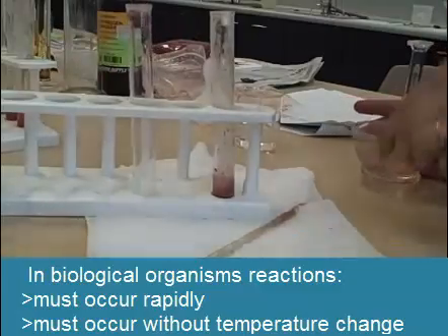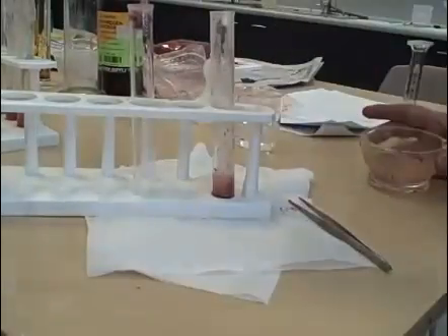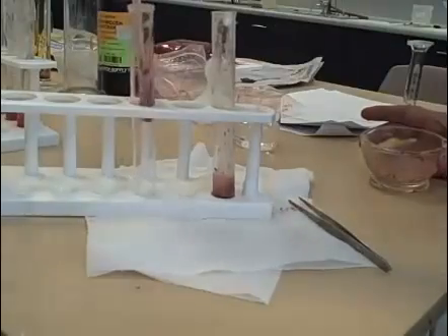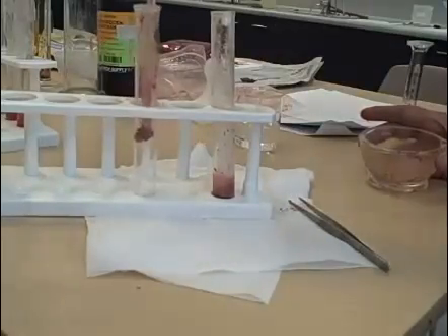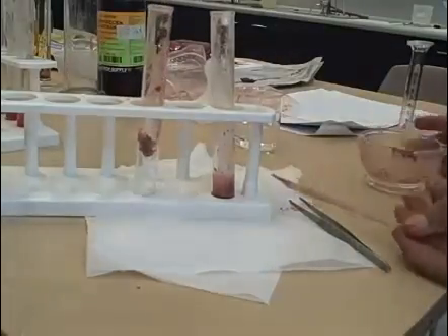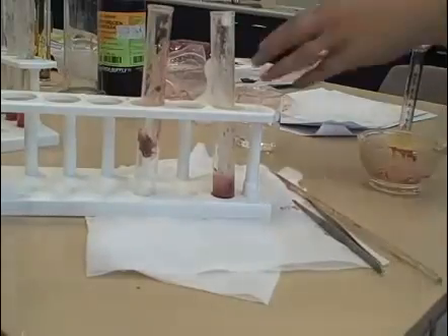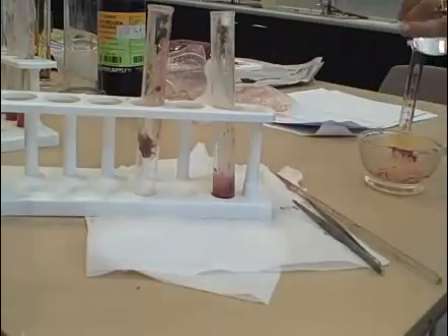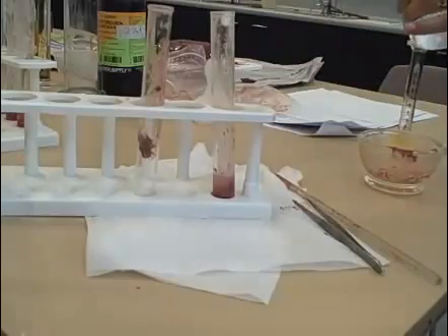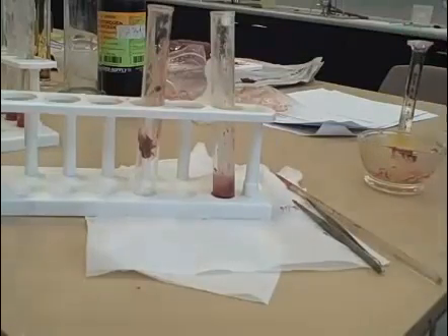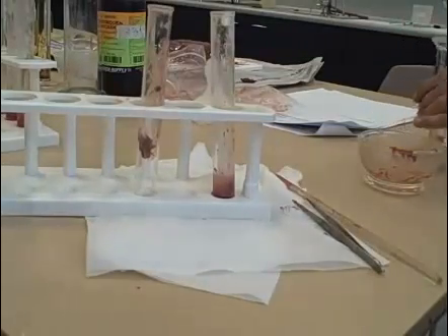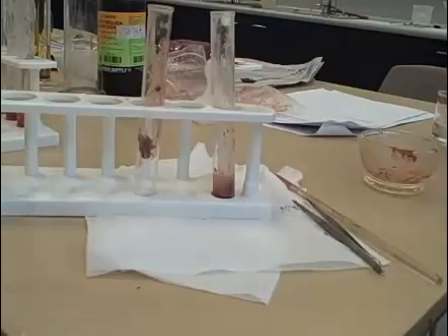They have to occur with less activation energy so that the reaction can go to products without much input of energy. So in this sample, the student is using liver tissue. It's a biological tissue. She's ground it down quite a bit so that would break up the cells.